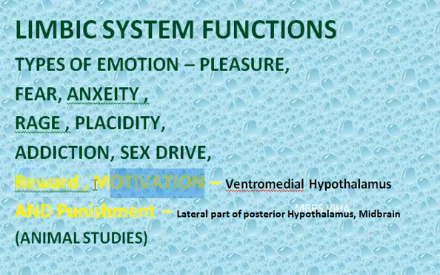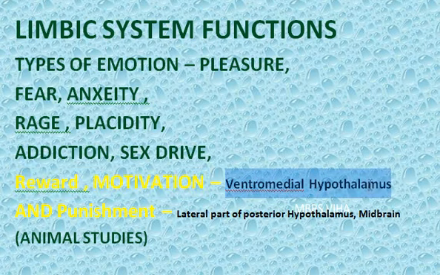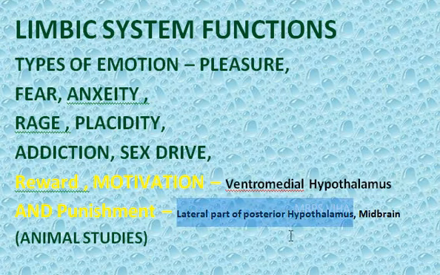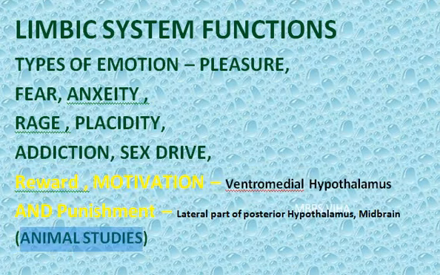Reward and motivation are controlled by the ventromedial hypothalamus, and punishment by the lateral part of the posterior hypothalamus. You can remember: hypothalamus, reward and punishment. For this you'll have to explain some animal studies, where an animal like a rat, if it presses a particular button, gets food and is very happy. Press the green button, it gets food.